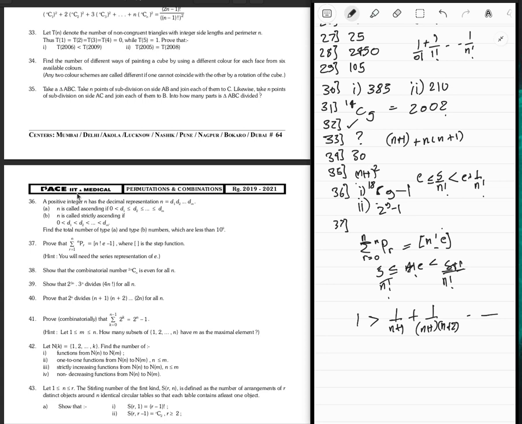So let's say this is true till k. If this is true, then the next one will also be true or something like that, right? This is weird. 1 will be bigger than that. We can't say that for sure though. How do we know if this is going to work?